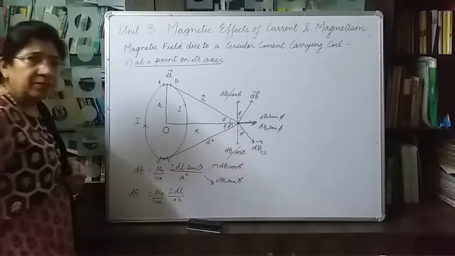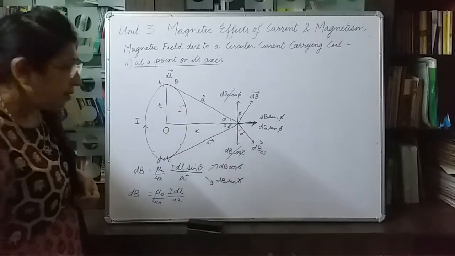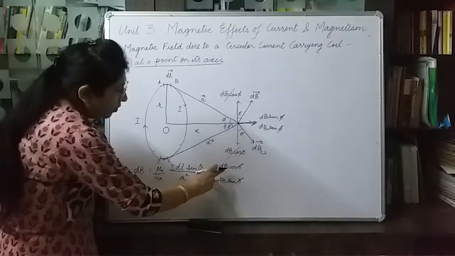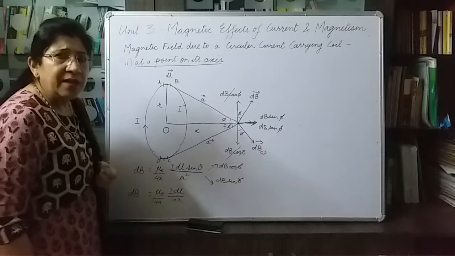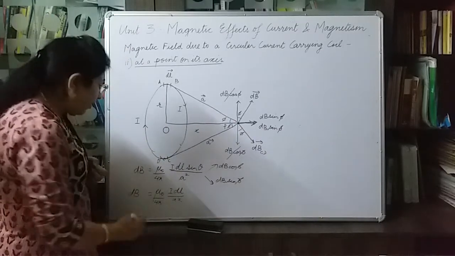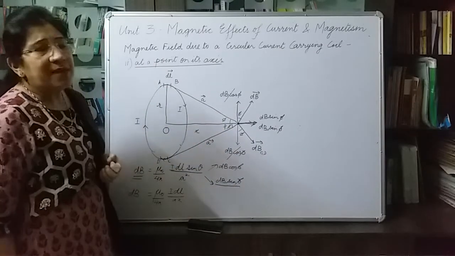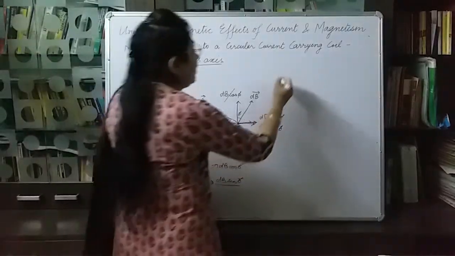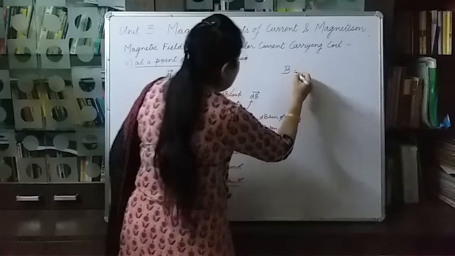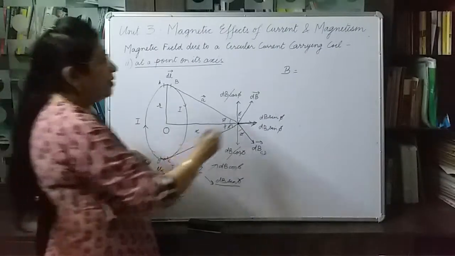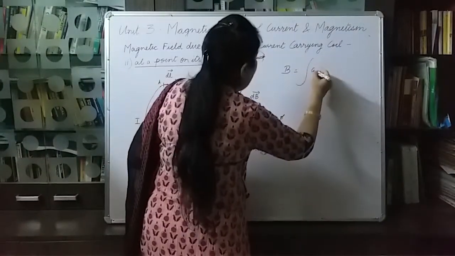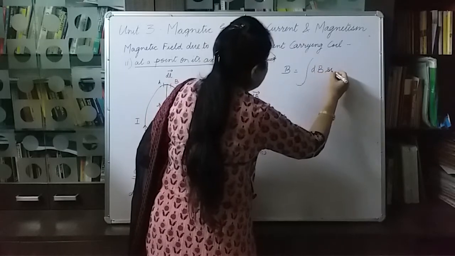For each pair of current elements the components dB cos phi will cancel out, and the contribution to dB will only be due to dB sin phi. So the magnetic field due to the circular wire will be the integral of all such dB sin phi.